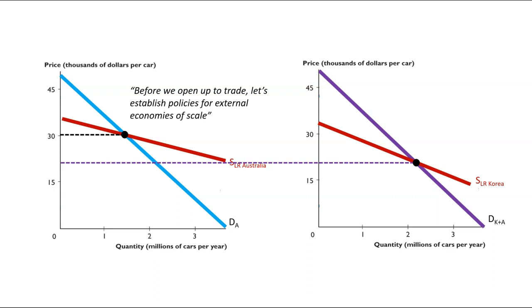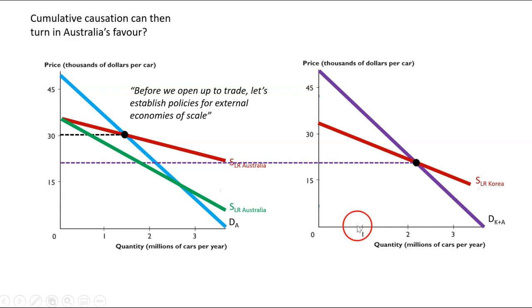So they formulate their plans, and projections indicate that if they did this successfully, you would have a long-run supply curve that would be much lower than it was before. Well, if we move to this lower point here, then we'd be able to sell at a price below the price being offered by the Korean car industry.